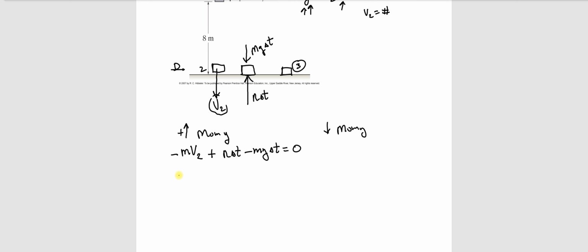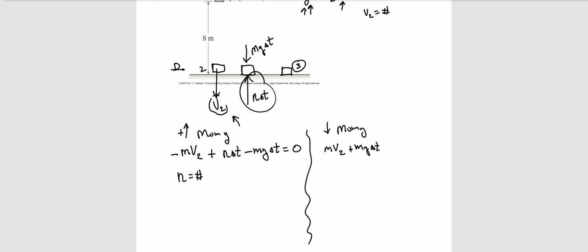And now what we'll do is just solve this algebraically for the normal, and you're going to get some number out of that. Now if we write the same equation with down positive, this vector is now in the downward direction, so this is going to be mv2. The mg delta t is now in the positive direction, so plus mg delta t.